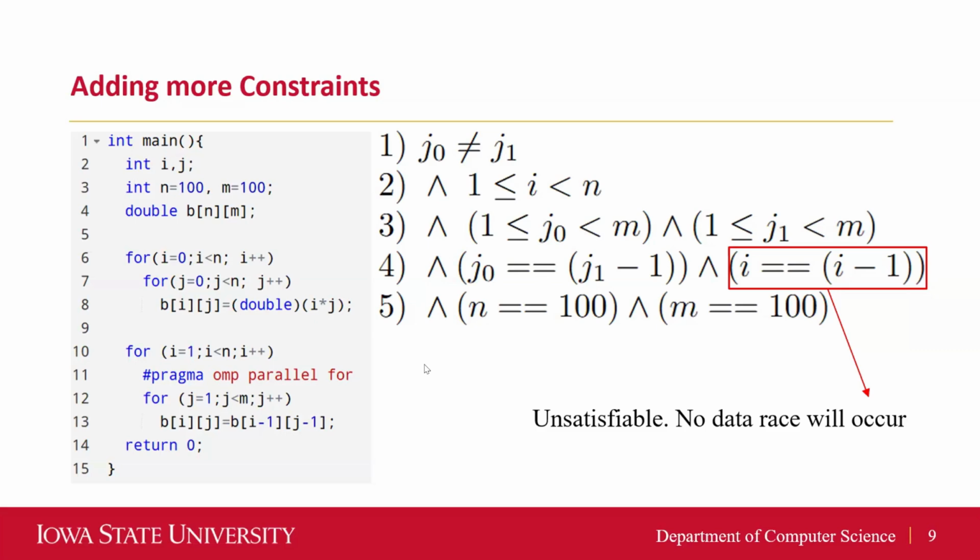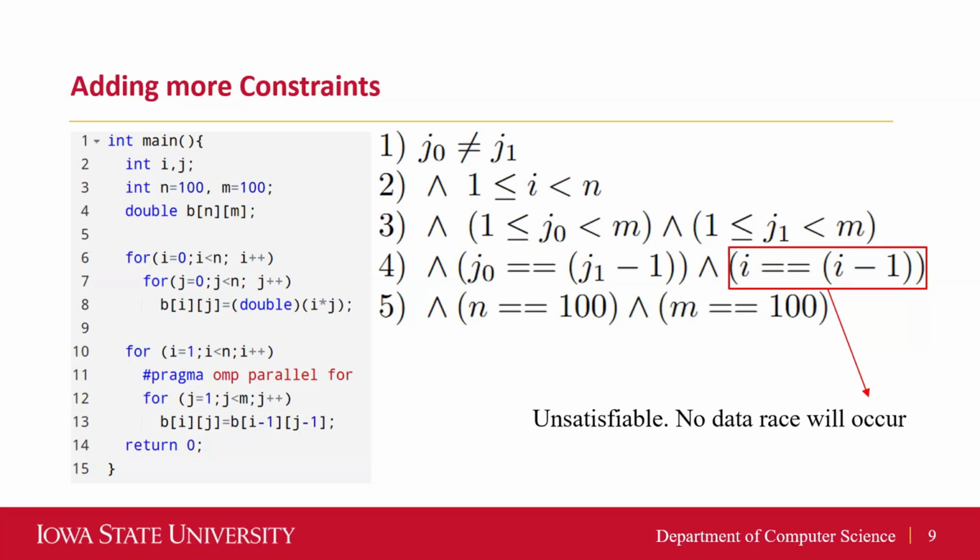And in this case, I and J are bounded by N and M. And N and M's values can be determined statically, so we put a bound on those variables as well. And if we send this to a constraint solver, what it will realize is that to find a solution for it, each variable needs to be fixed. And for a fixed variable, I cannot be equal to I minus 1. So that becomes unsatisfiable, and that means no data race occurs.